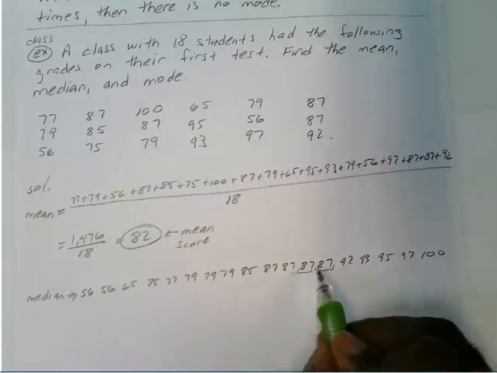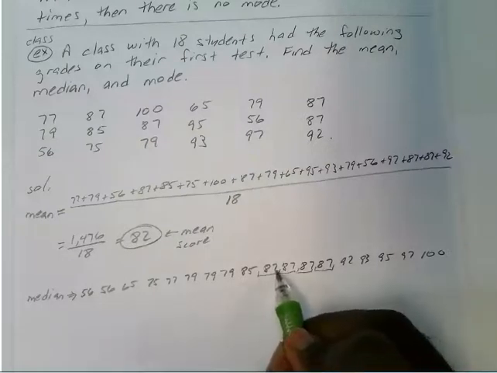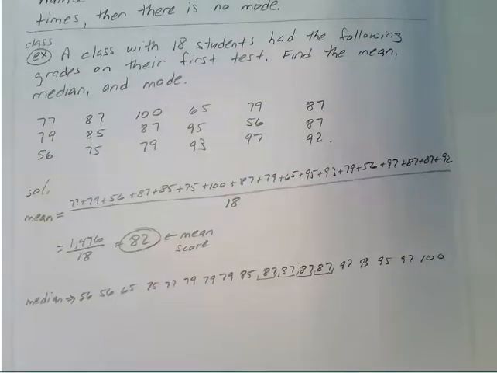Okay, so 87, 87. Those are a little close, but I think we can all see where they are.